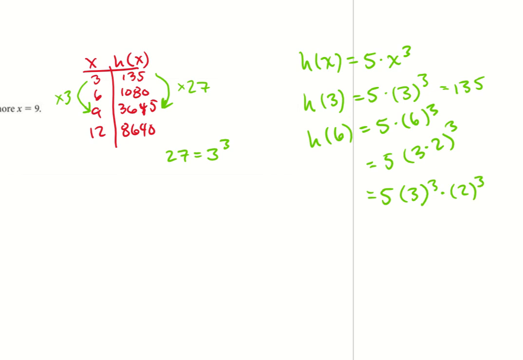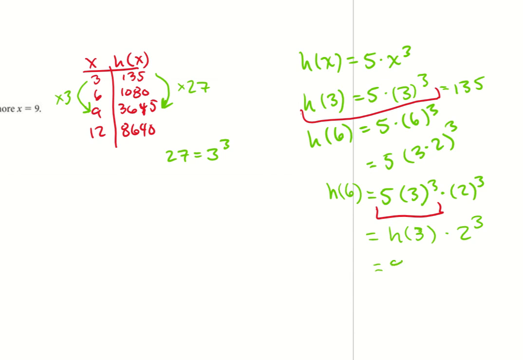And if you look at this, 5 times 3 cubed, that's actually equal to h of 3, right? So we can swap that out and say, well, h of 6 equals this, then it also equals h of 3 times 2 cubed, which is 8, right?